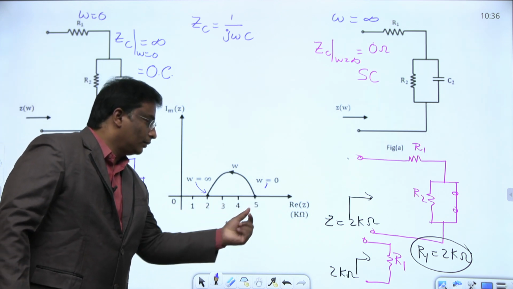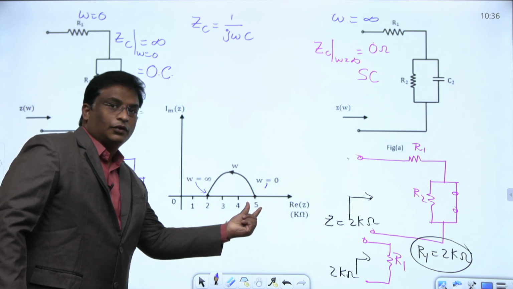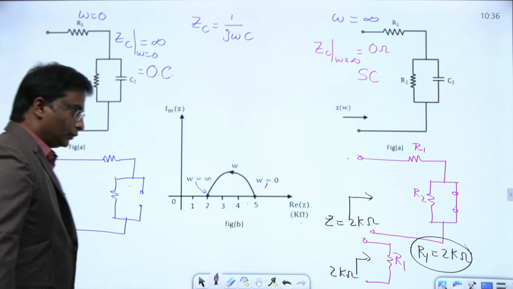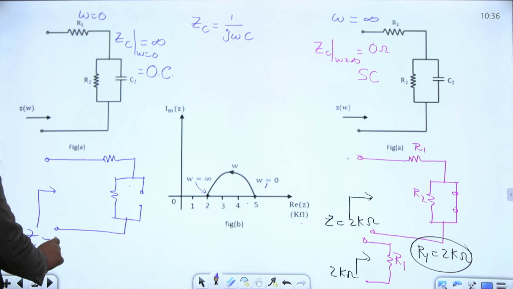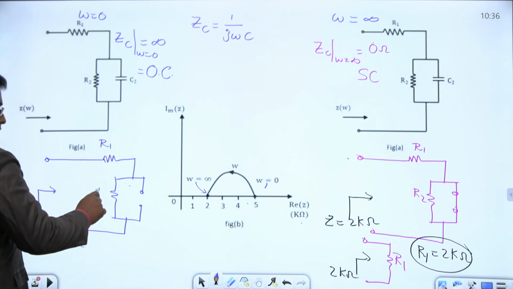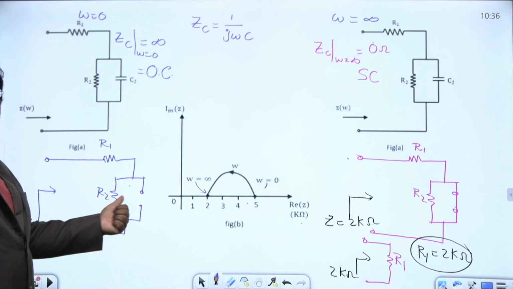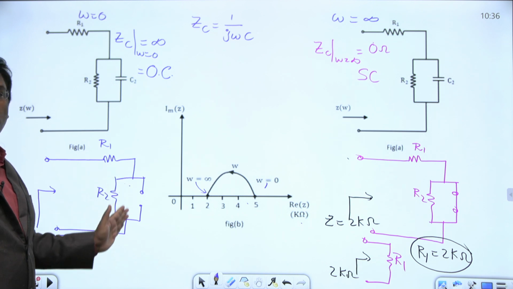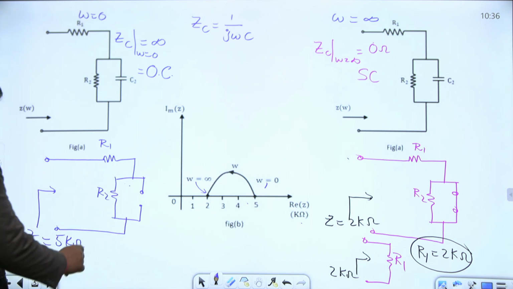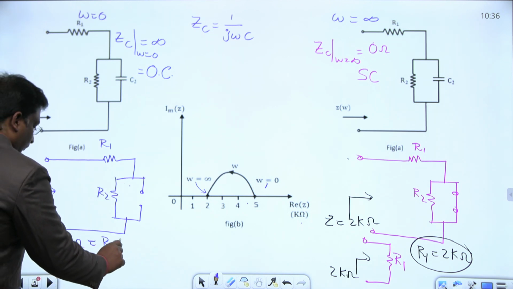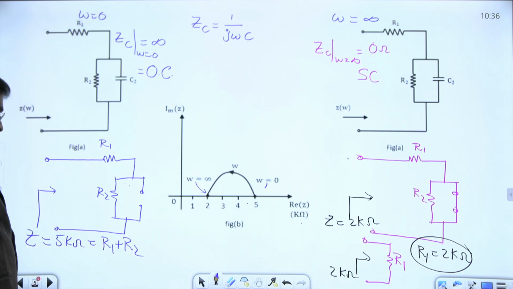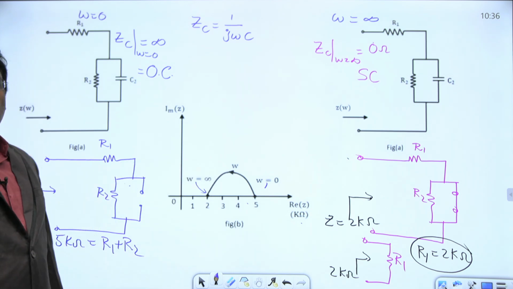When omega equal to 0, this impedance is given as 5 kilo ohms. R1 and R2 are connected in series, so this is nothing but R1 plus R2. And here R1 equals 2 kilo ohms.